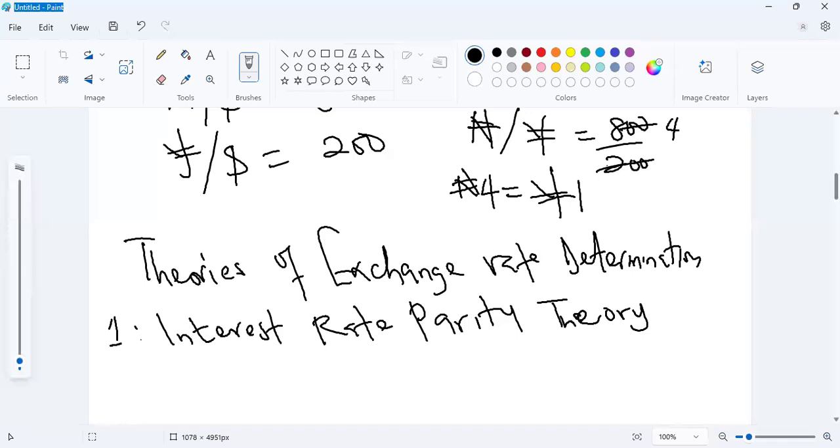What the theory is trying to say is that while we have fluctuation in exchange rates, it is because there is fluctuation in interest rates between the countries.